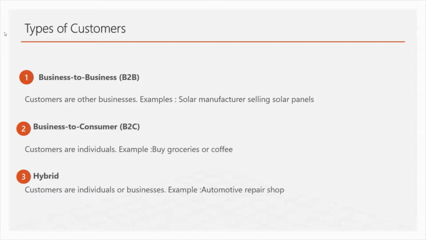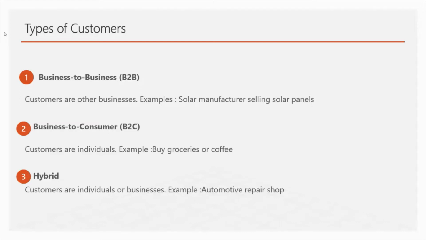The second is business to consumer. Consumers are individuals, like when you buy groceries from Amazon or coffee from a coffee shop. So the customers are individuals here. Third is the hybrid model, where customers are individuals or businesses.